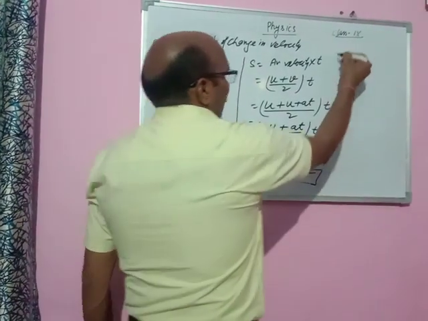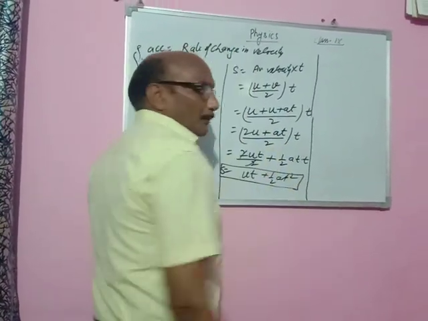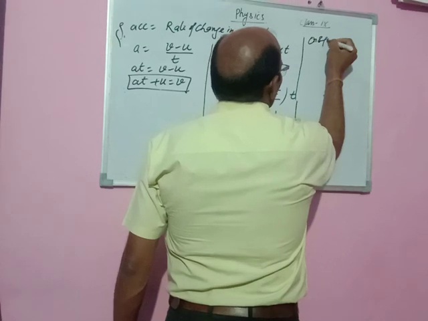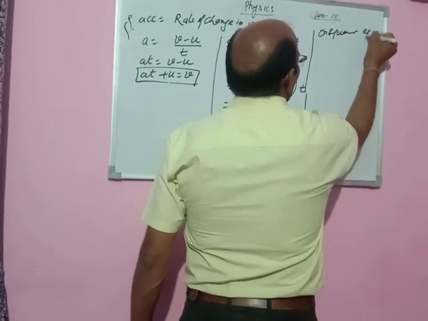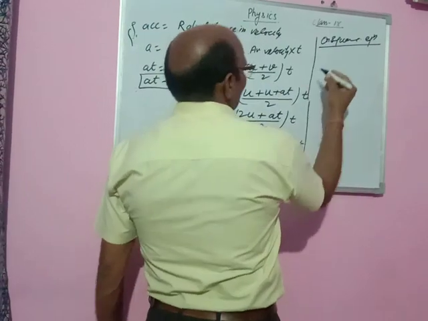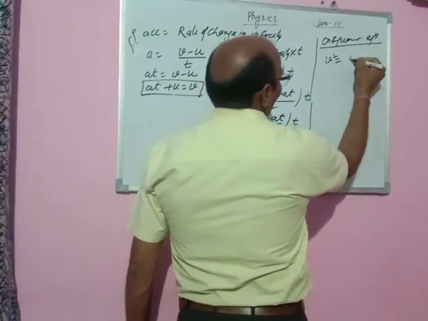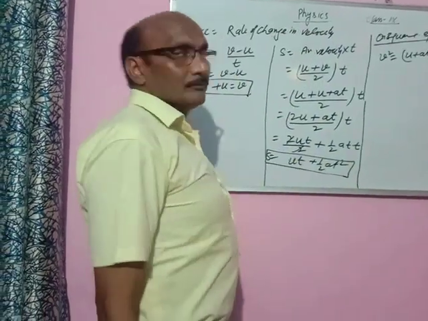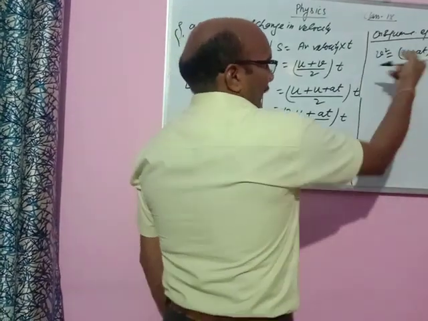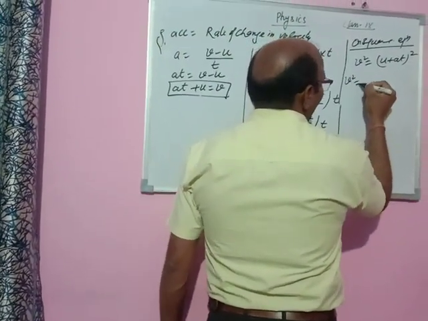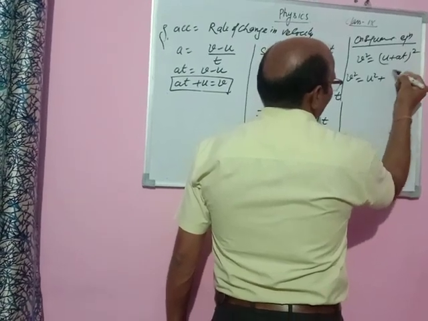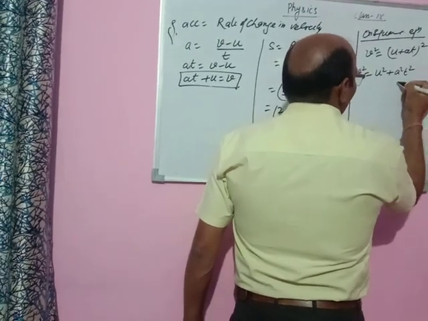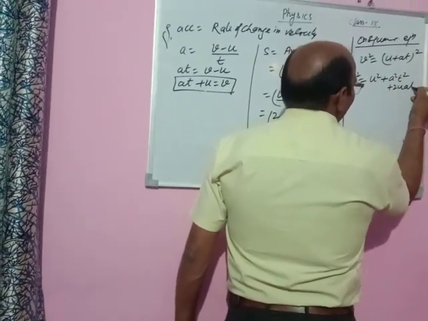Now, the third equation of motion. Very simple. On squaring equation number 1 on both sides, v square equals u plus at whole square. Applying mathematics, v square equals u square plus a square t square plus 2uat.